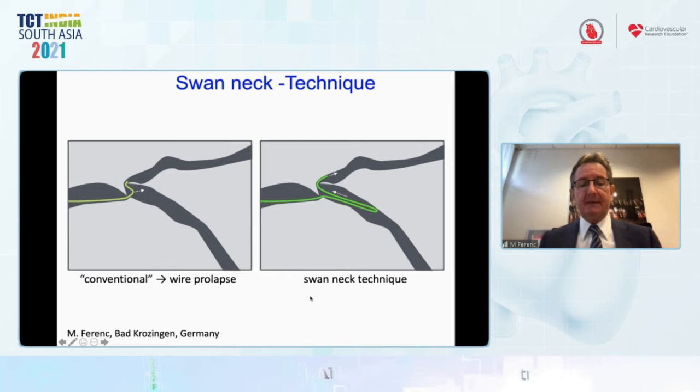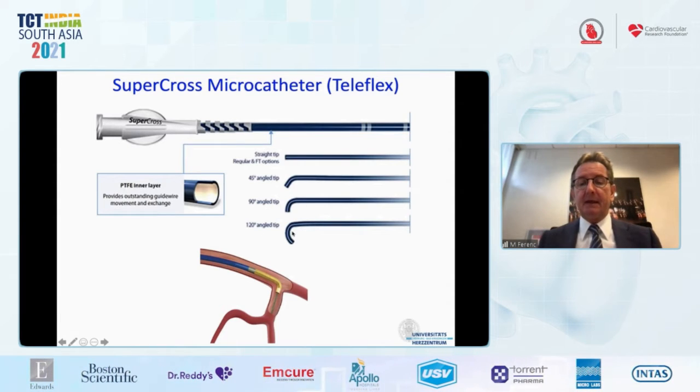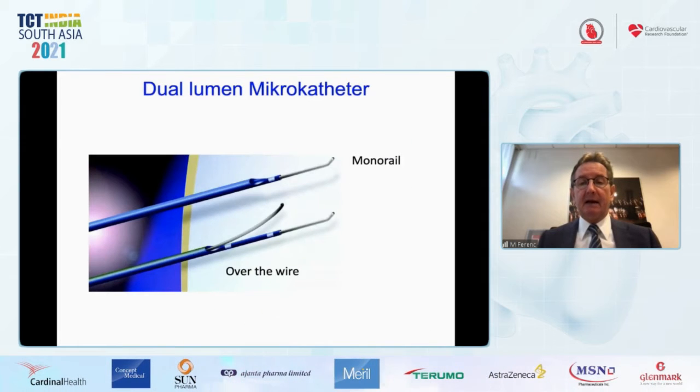So you can use the Swan-Mack technical approach, or you can even use some micro catheters with an angulated tip. We use this at least once a week in our cath lab.